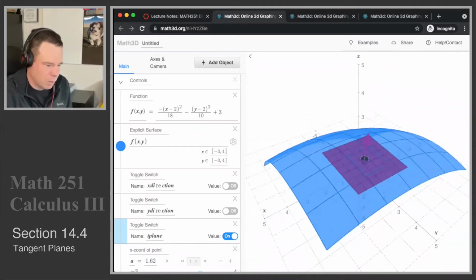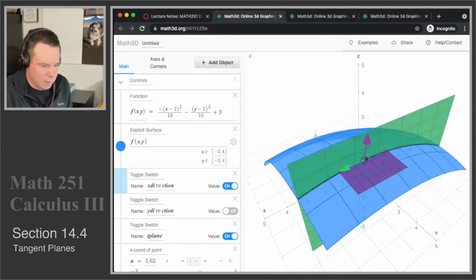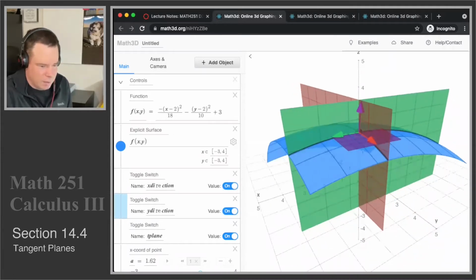The way we construct this is by going in the x direction and constructing the tangent vector that points in the x direction. We'll see that it's related to the x partial derivative. Doing the same thing in the y direction, that tangent vector is related to the y partial derivative.